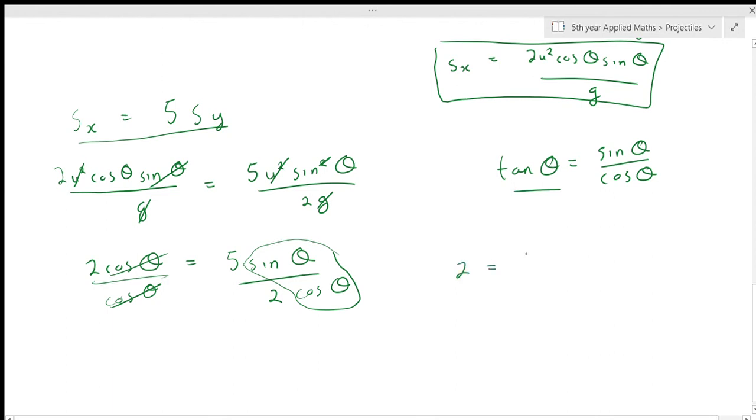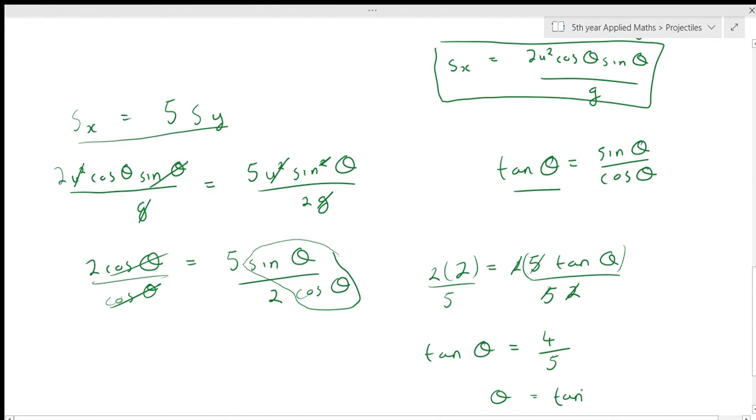So we're left with 2 equals 5 tan theta over 2. And now all we have to do is multiply across by 2, both sides. And these 2's cancel. And divide both sides by 5. And these 5's cancel. And we're left with tan theta equals 4, 2 times 2 over 5. So theta equals tan inverse 4 over 5, which equals 38.7 degrees. And that's the answer to your question.